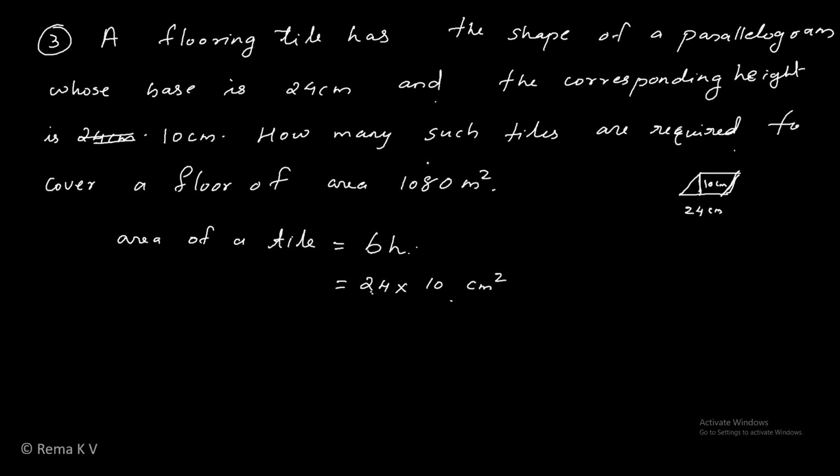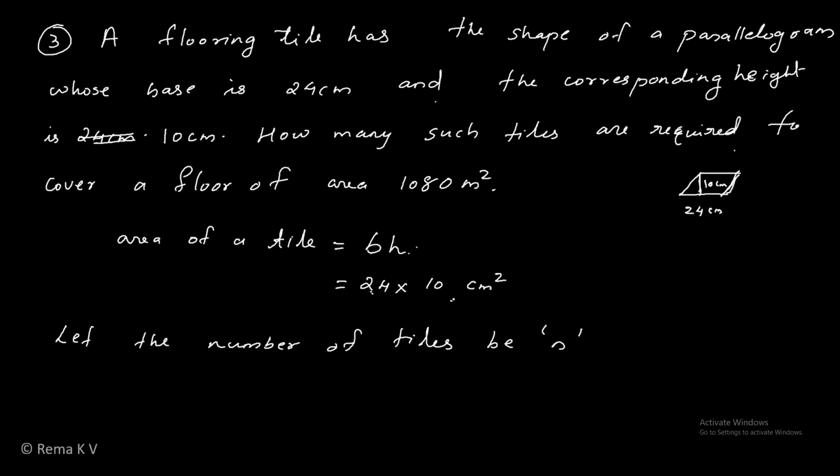So the total area is given as 1080 meter square. We don't know the number of tiles. Let the number of tiles be n. The area of one tile is equal to 24 into 10 centimeter square.